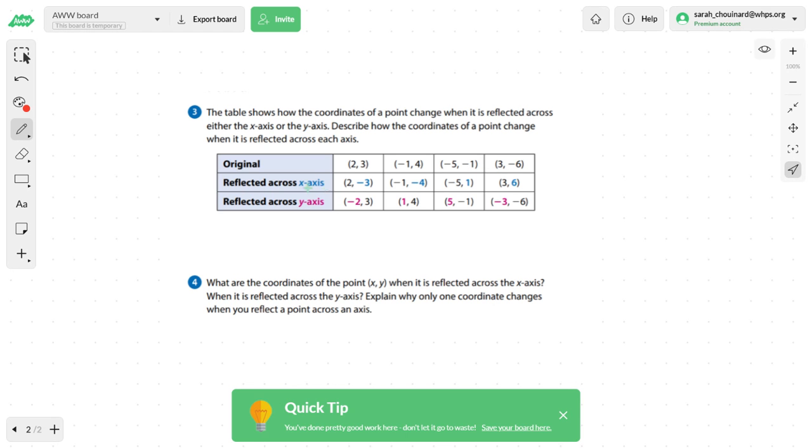This first one went over the x-axis. So it stayed 2, negative 3. It stayed negative 1, but became the opposite of 4, which is negative 4. It stayed negative 5, but became positive 1. It stayed 3, and it became negative 6.